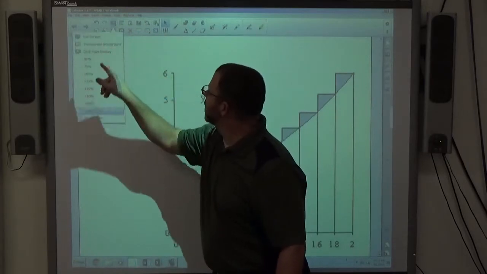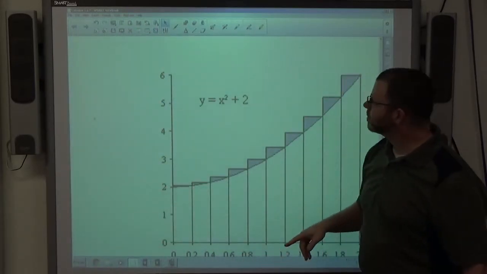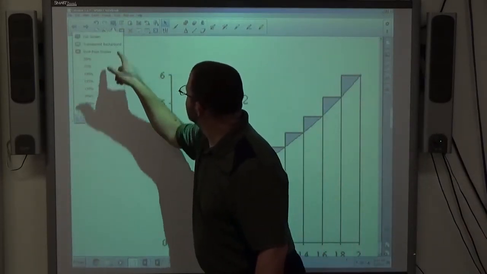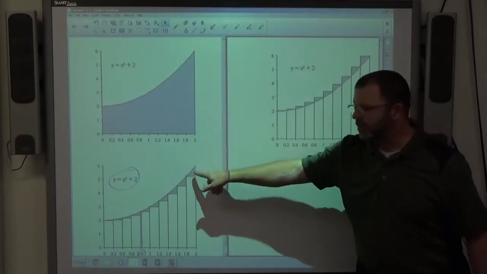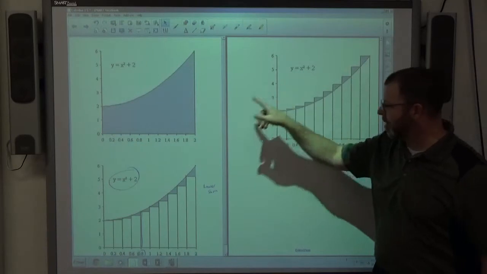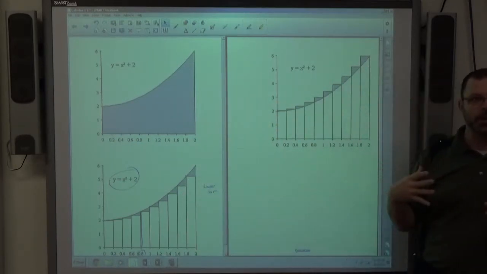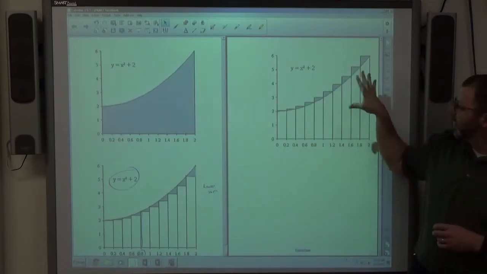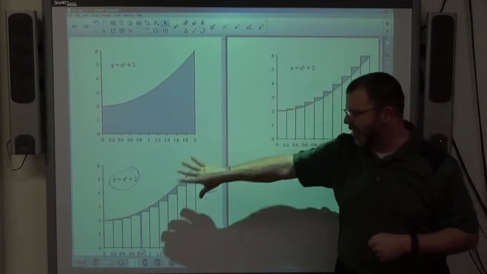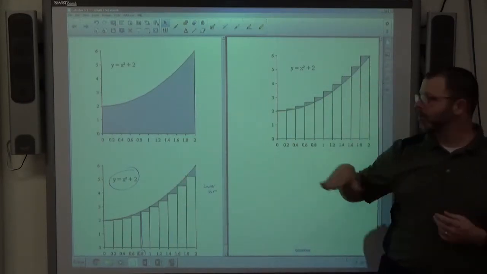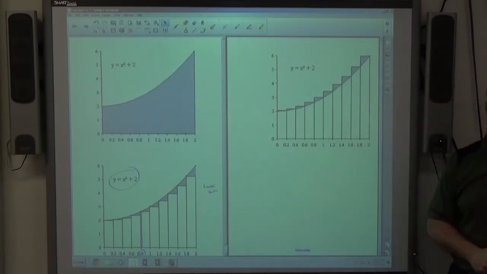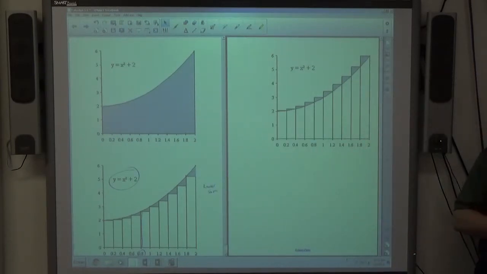If you look at them side by side here, maybe, that's the button I want to press, there we go. This is about the same as that, and this is about the same as that. They're not exactly the same, they're pretty close, right? So if I take this overestimate and that underestimate, add them together and divide by 2, it's going to be pretty close to the actual area under the curve. That's the lower and upper sum method.